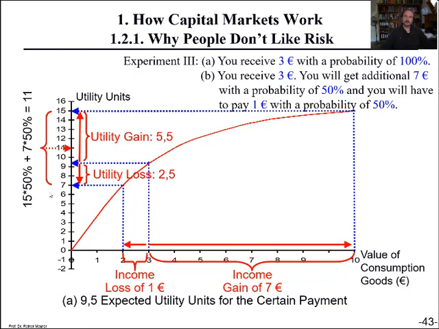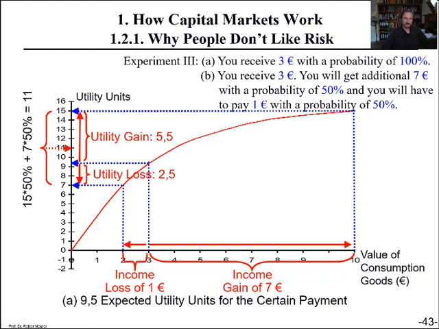So this level of expected utility is now larger than the utility from the certain payment, which is 9.5 only, and therefore an individual with this utility function would prefer the uncertain payment in experiment 3.